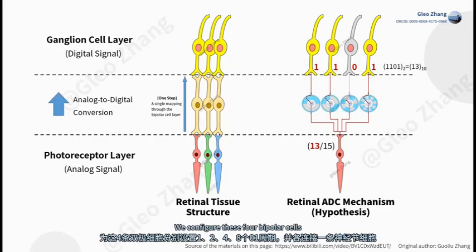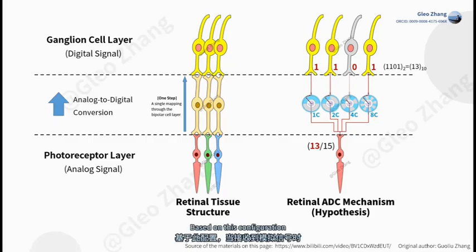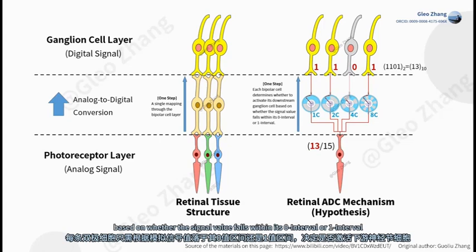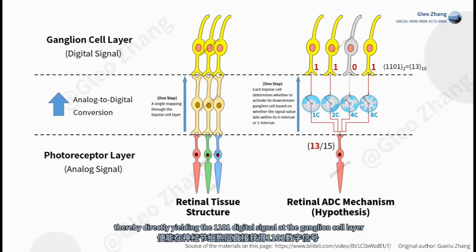We configure these 4 bipolar cells with 1, 2, 4, and 8 Z1 circles respectively, with each connecting to one ganglion cell. Based on this configuration, when receiving the analog signal, each bipolar cell simply determines whether to activate its downstream ganglion cell based on whether the signal value falls within the 0 interval or 1 interval, thereby directly yielding the 1101 digital signal at the ganglion cell layer.